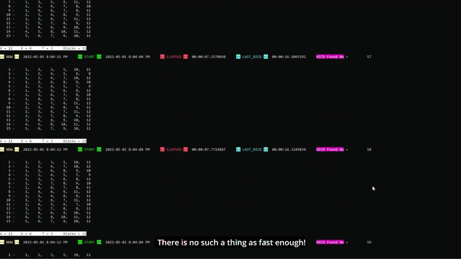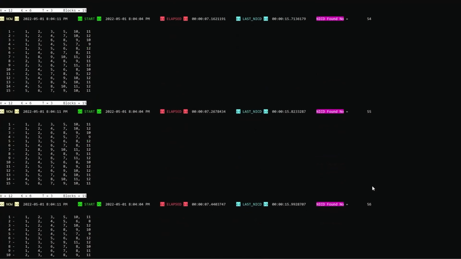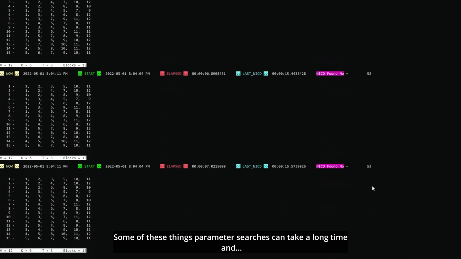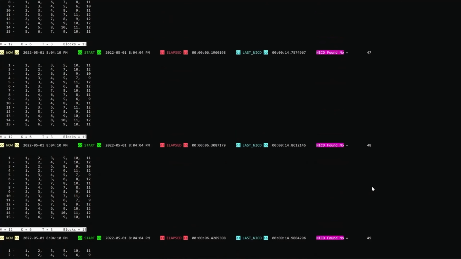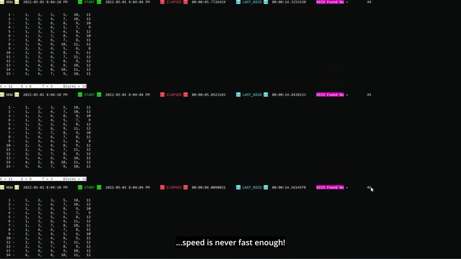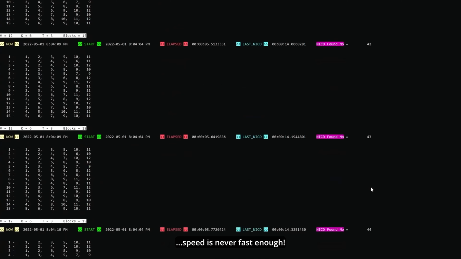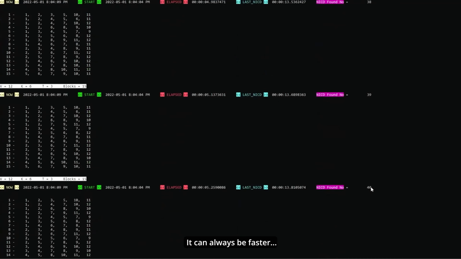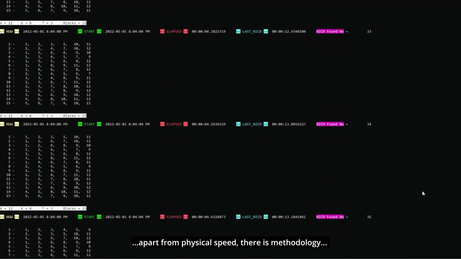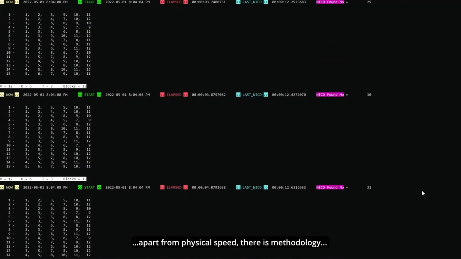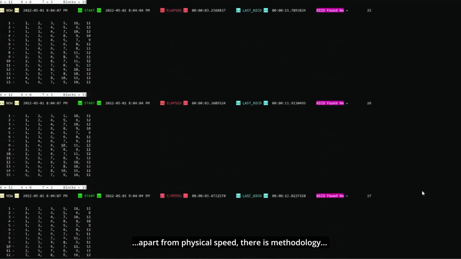One thing for sure is that there's always room for improvement. There is no such thing as fast enough. Some of these things can take a long time, and speed is never fast enough. You can always be faster, but apart from the physical speed, there's also a methodology.